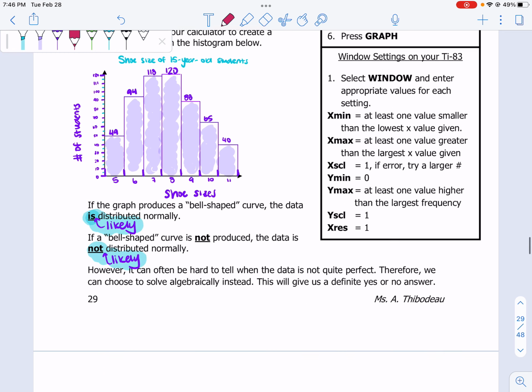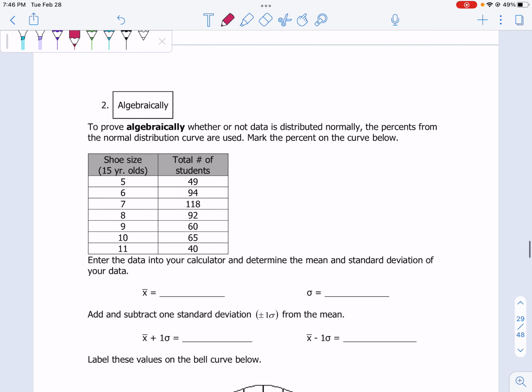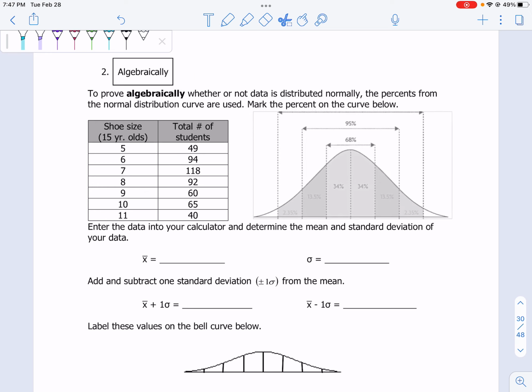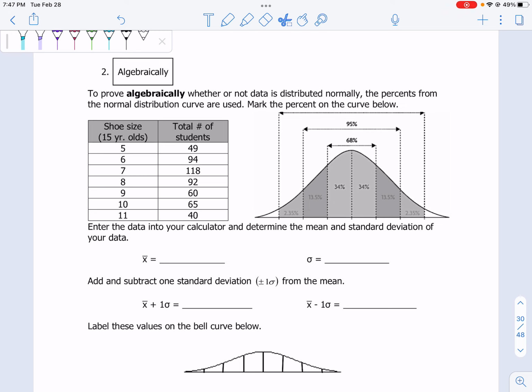And the way that we can do that is by determining that algebraically. So this is going to be our go-to method of how to determine if data is normally distributed or not. And what we're going to do is, if you remember, we are going to use the information of the normal distribution curve and those percentages.